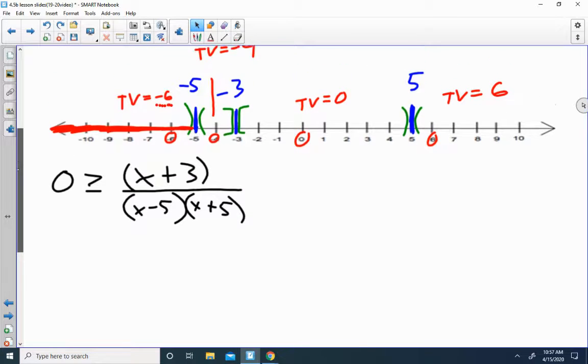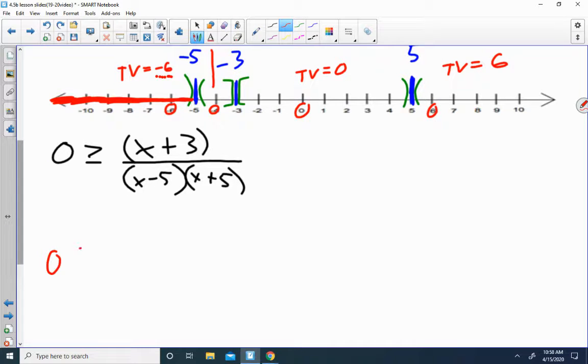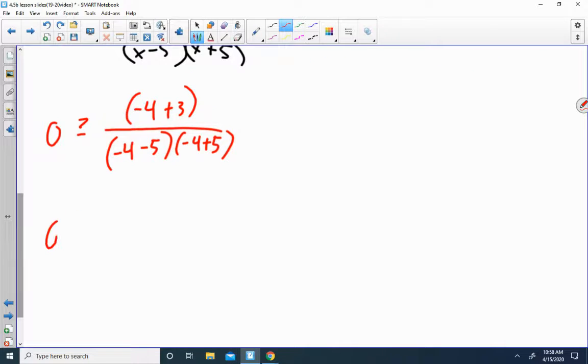All right, so now let's check the second test value. Let's plug in -4. Let's see what we get. So 0 greater than or equal to (-4 plus 3) all over (-4 minus 5)(-4 plus 5). On top we're going to have -1.